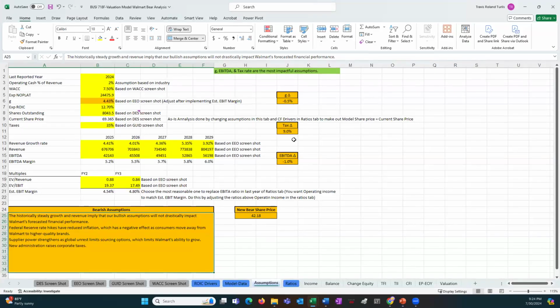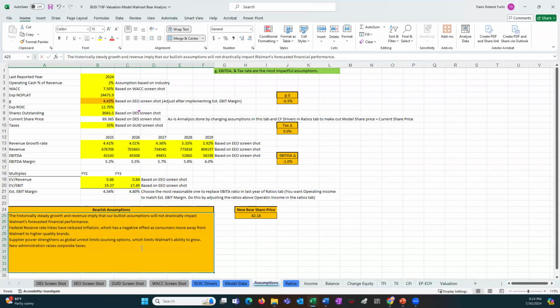So in the bear scenario, we mentioned the political climate and their potential suppliers' power strengthening as global unrest limits sourcing options for Walmart, and in general disrupts the supply chain, which negatively impacts Walmart in a similar fashion. So we had an increase in taxes.